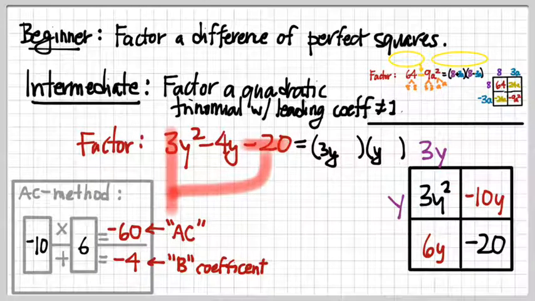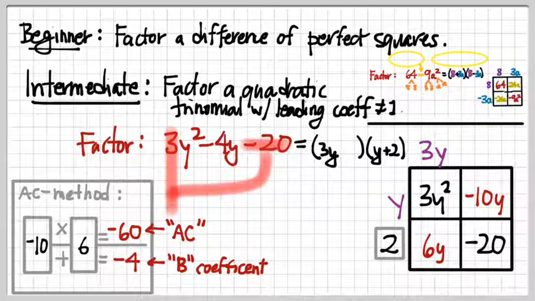So to find the others, we're just going to chase around the table. If I want to know what this entry is, I need to know what to multiply 3y by in order to get 6y. What do you think? What's the missing factor here? 2. And so what that's doing is it's arguing that one of my factors is y plus 2.